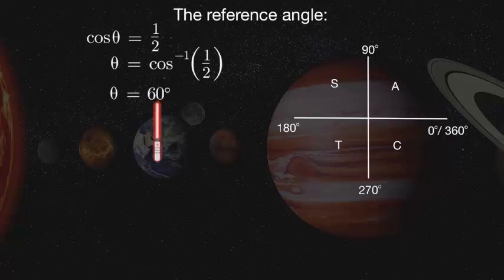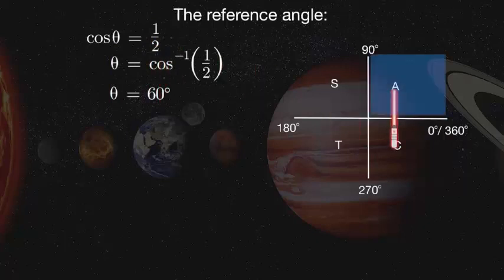Now in this example it's quite easy because theta is the only value in this angle. So theta is equal to the reference angle, which is 60, and therefore it's also easy to calculate the other angle. We know that the cosine of theta has a positive ratio. It's positive in quadrant 1.